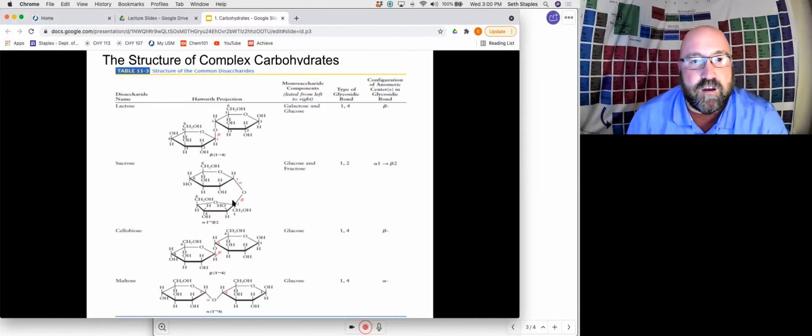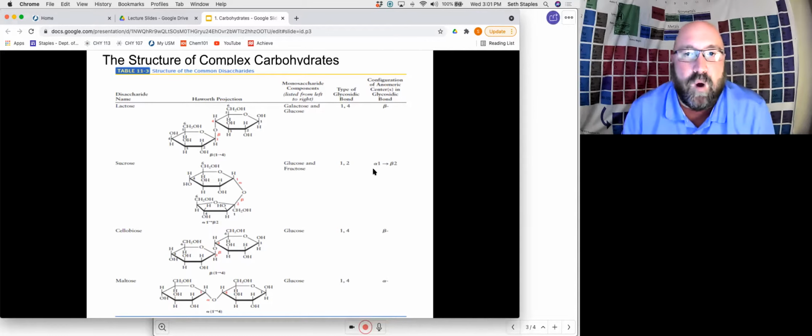And so your anomeric carbon on 5-membered rings is actually the number 2 carbon. But if we look at this, we can see that it's alpha on the glucose because our OH is pointing down, and then beta on the fructose because the OH was pointing up. So we get what we call an alpha 1 beta 2 linkage.